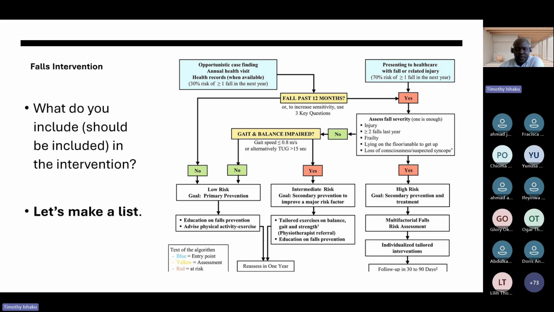Any contributors, volunteers? This is the most exciting part. I will expect some people to be typing in the chat box. What should we include?